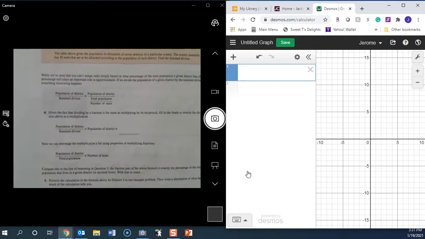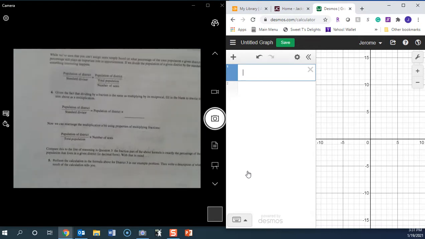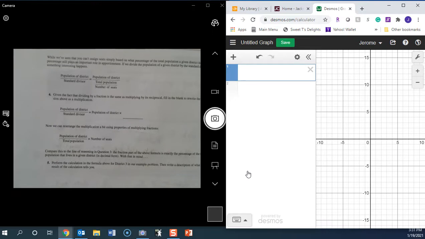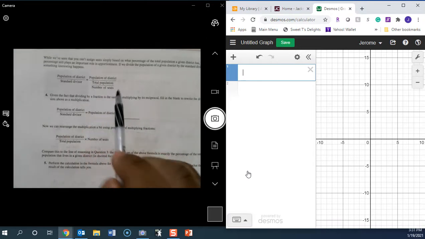So now we go here to the back. And it says here, while we've seen that you can't assign seats simply based on what percentage of the total population a given district has, that percentage still plays an important role in apportionment. If we divide the population of a given district by the standard divisor, something interesting happens. Okay, so if you look here, we have this formula here.